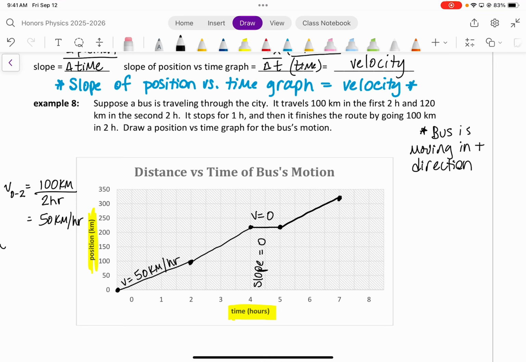Then my velocity from 2 hours to 4 hours is going to be, what is my change in position? It's going to be 120 kilometers divided by 2 hours, which is going to be 60 kilometers per hour.